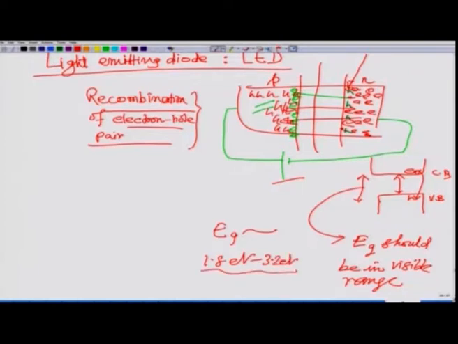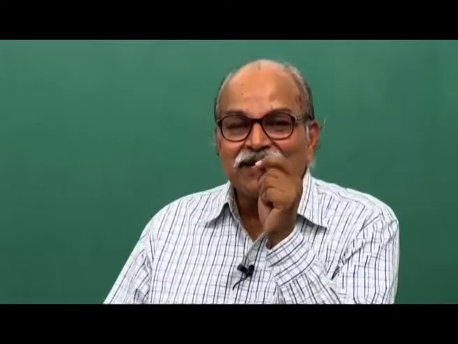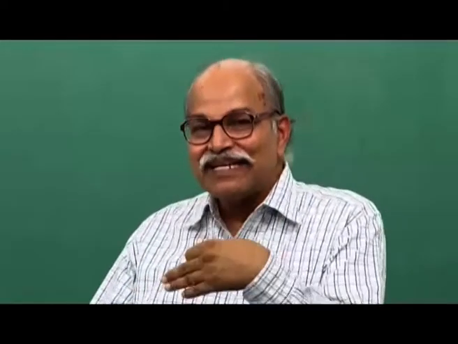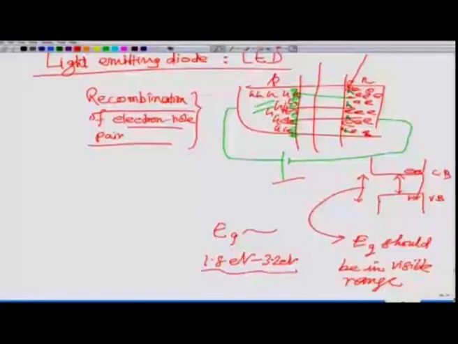So, how do we achieve that visible range? That is the place where a lot of research has been done, and people have come out with materials which can give energies in this particular range. The basic material there is gallium, let us say the gallium arsenic combinations.